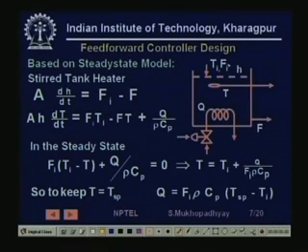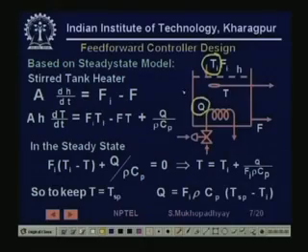If we assume that Fi and F are constant, that could also be a disturbance, but it does not change. So, that disturbance change we are not considering, but there can be a disturbance change in Ti. That is, the inlet fluid which is flowing in can have its temperature vary. So, if its temperature varies, we have to correspondingly change the heat input Q, so that this T is maintained. This is our control problem.